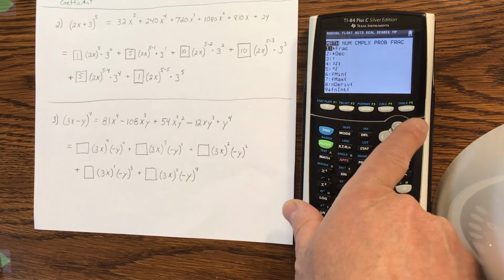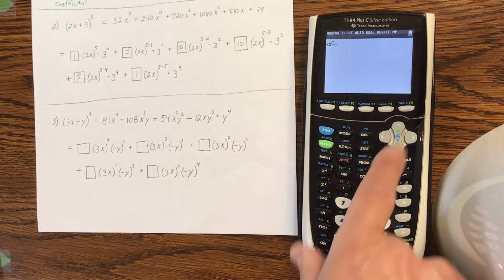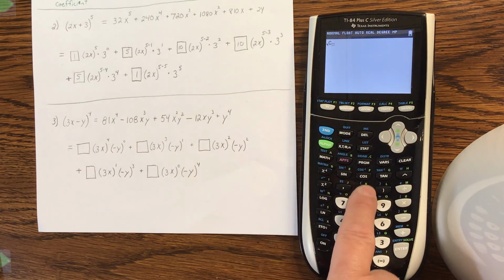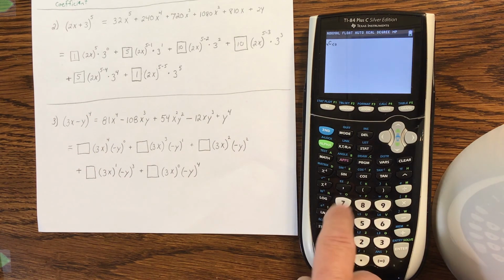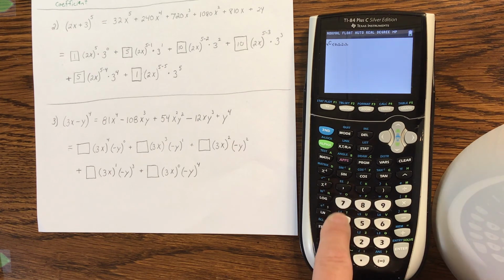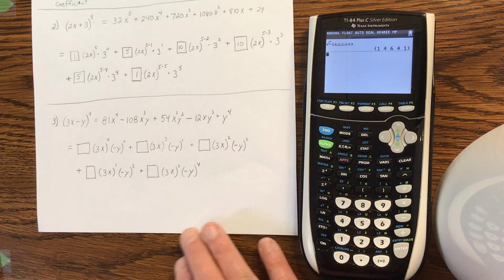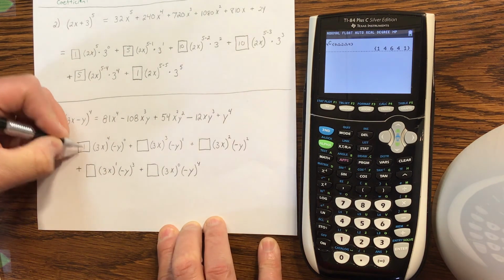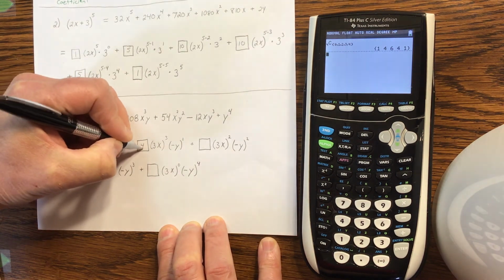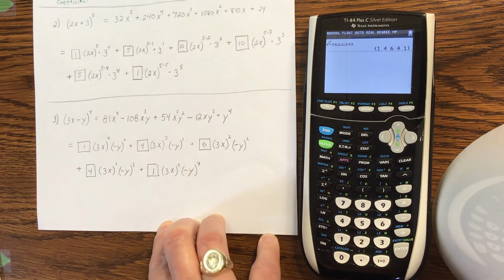So math, probability, nCr, again, 4, bracket, starting off at 0, all the way up to 4. Close it off with bracket, and you get 1, 4, 6, 4, 1.